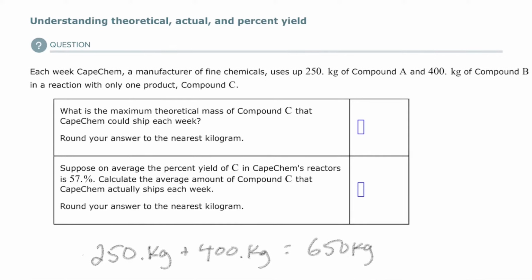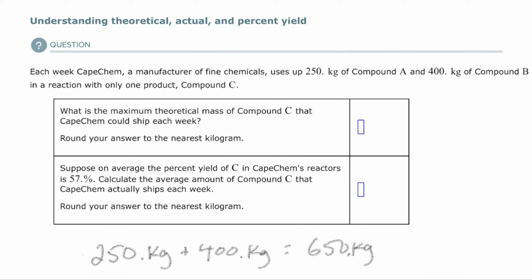So 650 kilograms of reactants means I'm going to have that same amount of stuff in compound C. I'm not going to get rid of any weight. The weight is going to be the same on both sides.